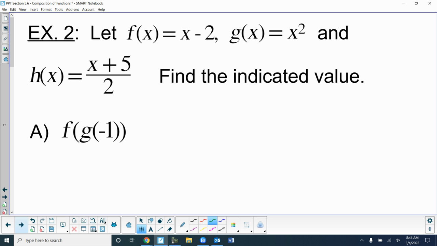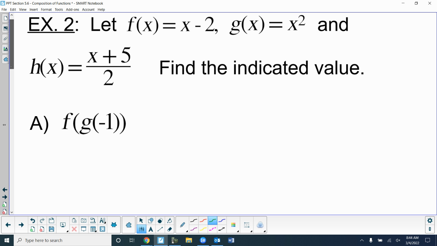Go ahead and do this one. F of G of negative 1. Spencer?